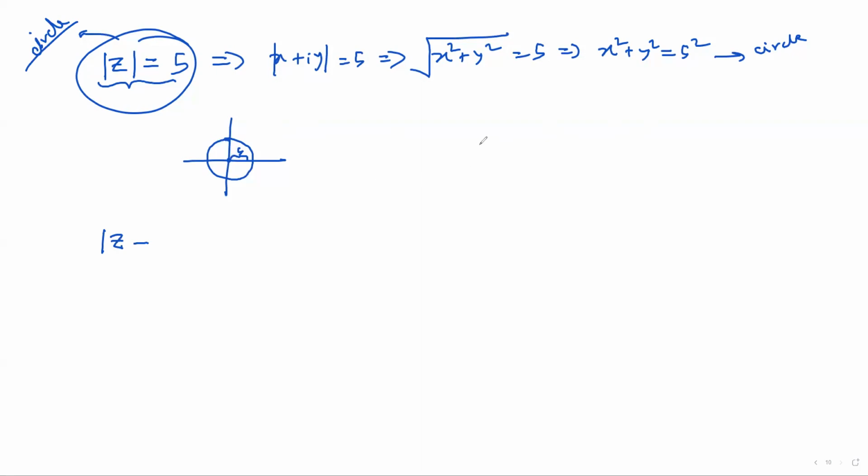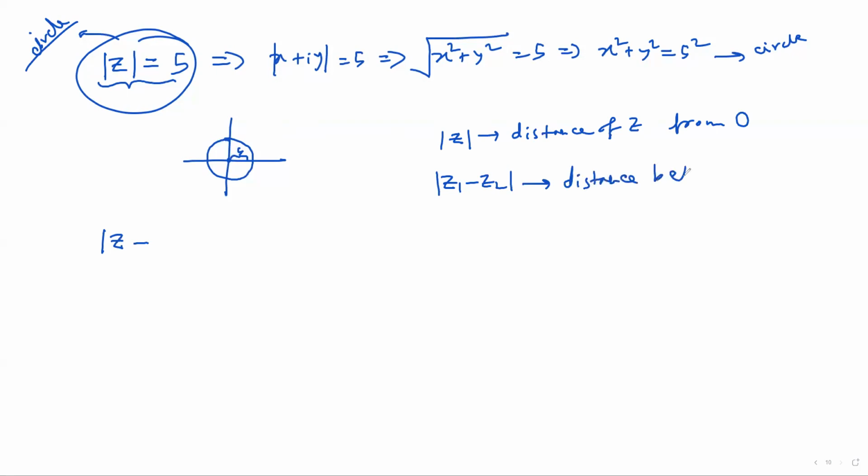Similarly, you should be able to understand that if modulus of Z means the distance of Z from the origin O, then modulus of Z1 minus Z2 should represent the distance between the two complex numbers Z1 and Z2 in the complex plane.